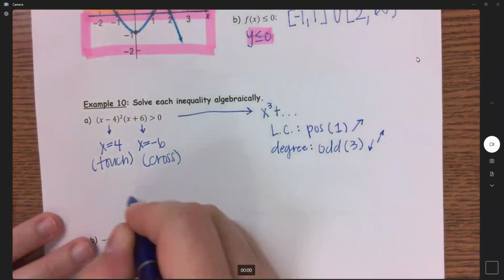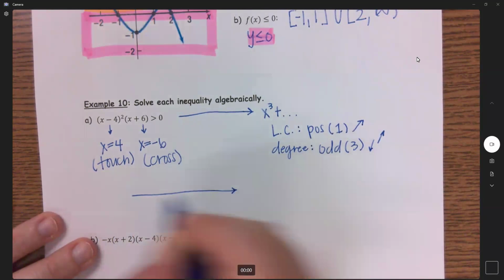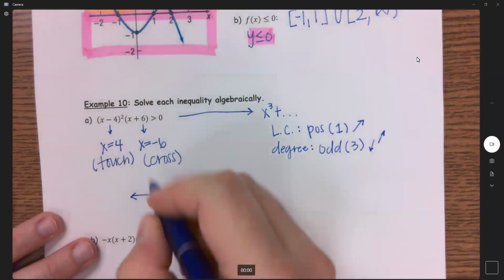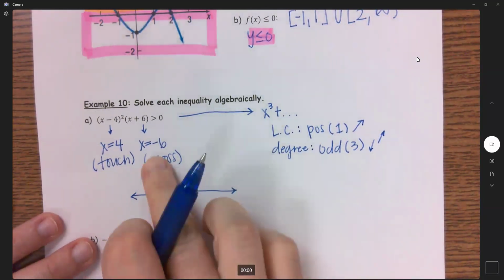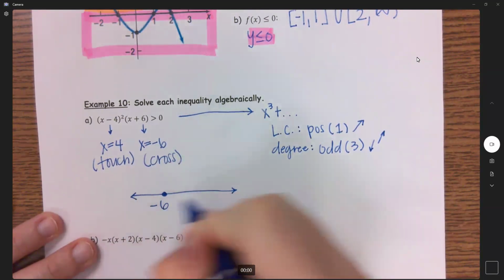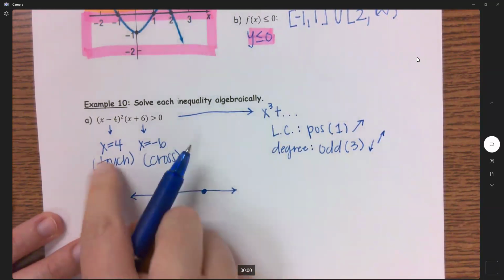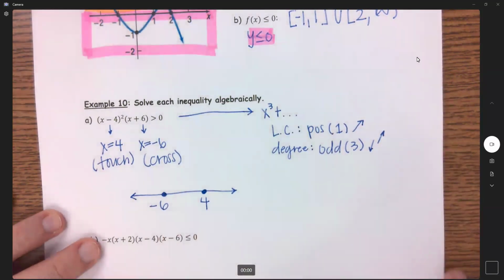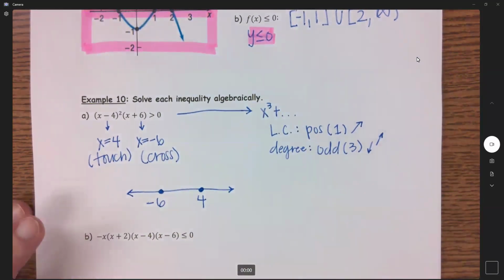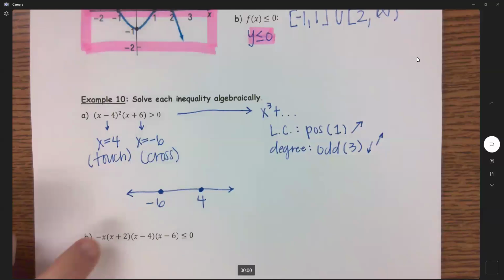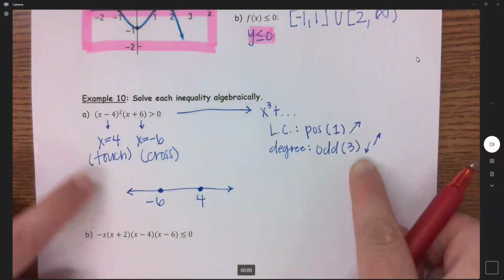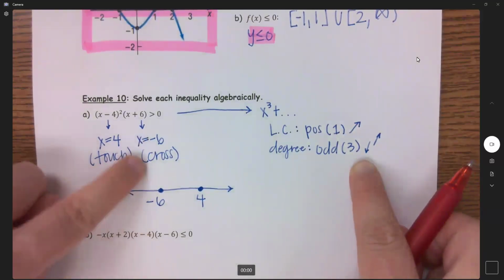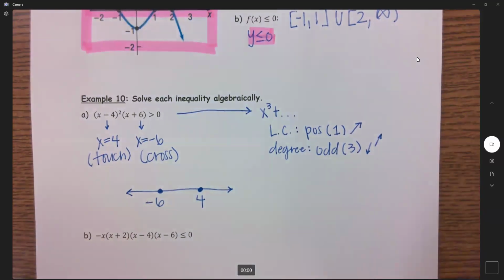Okay, so now let's make our rough sketch. All we really need is our x-axis. And we have an x-intercept at -6 and an x-intercept at 4. To draw my rough sketch, I know it's going to start down here and cross through -6.